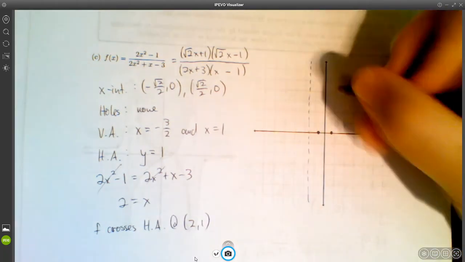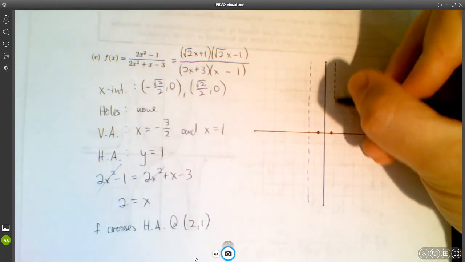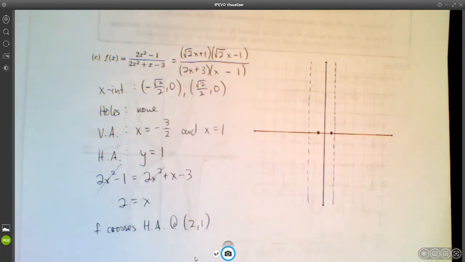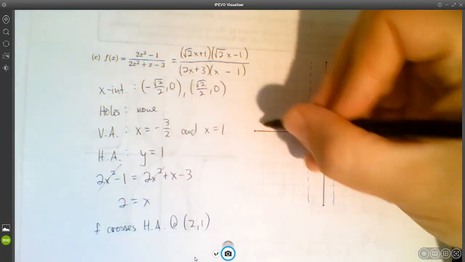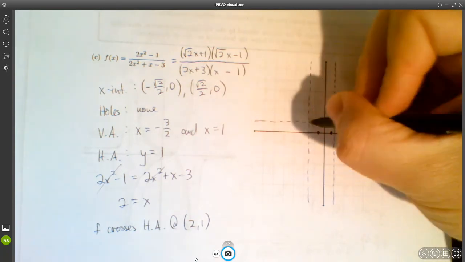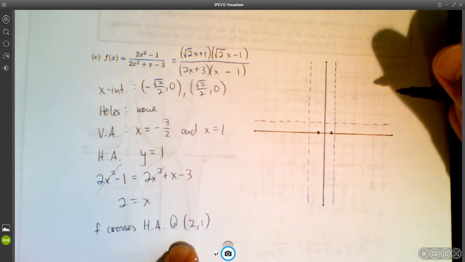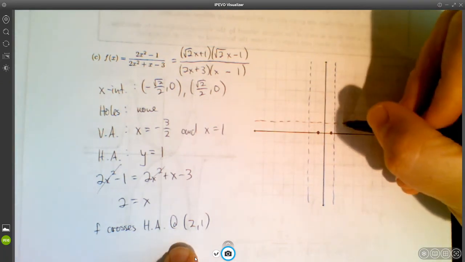And at 1, ooh, this is just tight quarters over here. Okay. Horizontal asymptote at 1. And the graph crosses its horizontal asymptote at 2, 1, right there.